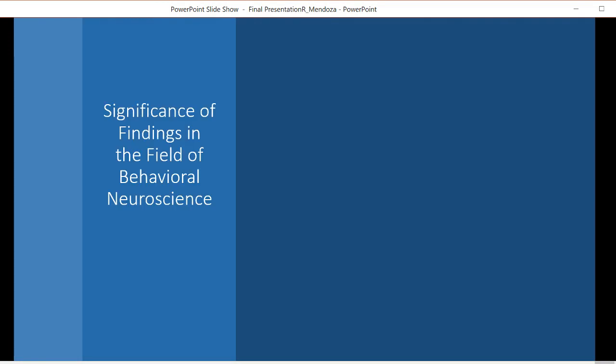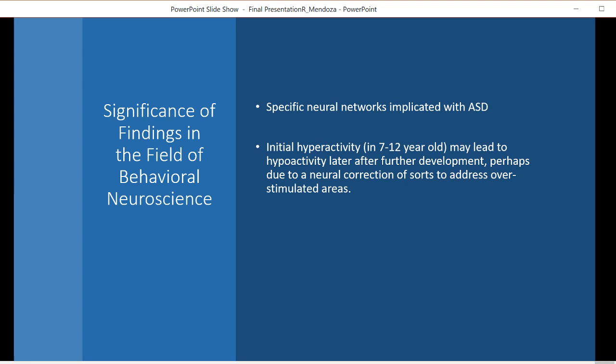Significance of findings in the field of behavioral neuroscience. The biggest significant finding was that these researchers found specific neural networks that were implicated with autism spectrum disorder. Another interesting find was that children between 7 and 12 years old, at least in this sample, initially have hyperactivity in these specific neural networks that were mentioned.